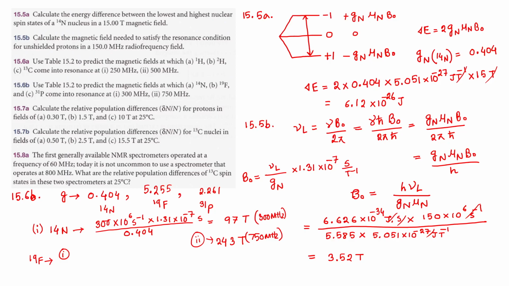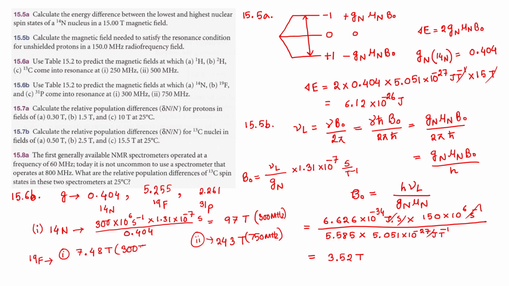We already know what is the G value we have mentioned. That is 5.252255. As the G value is higher, for the 300 megahertz case, you are going to use only 7.48 Tesla.